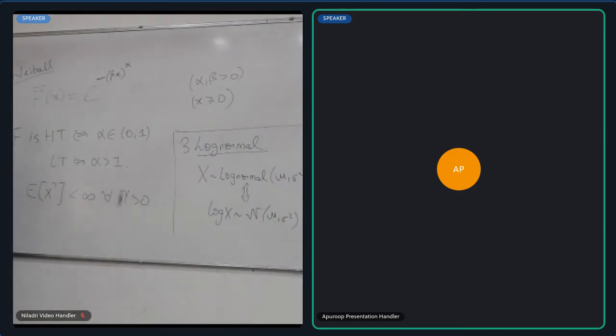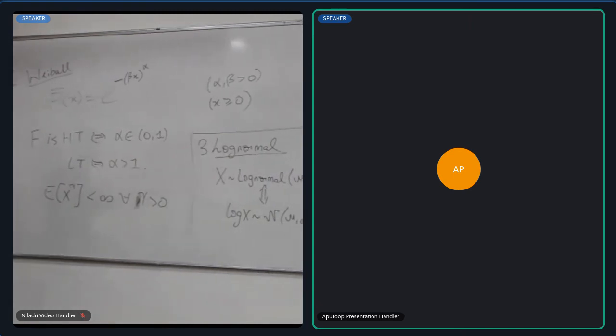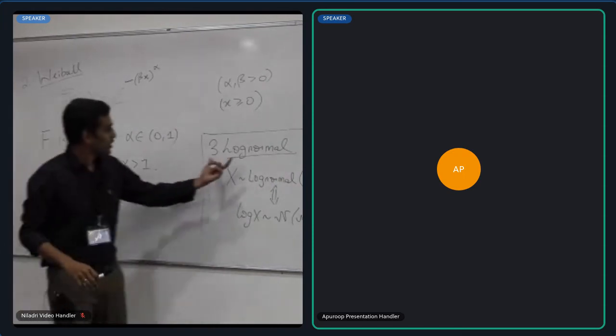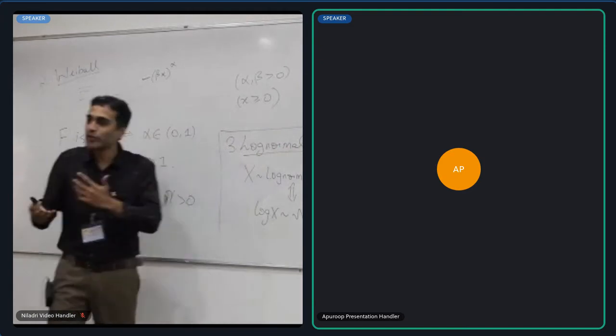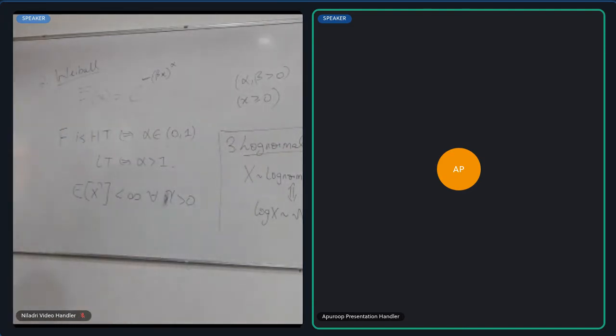So that's the definition of a log normal. Please be careful in reading what this name means. Log normal does not mean log of normal. It means take log to get normal.